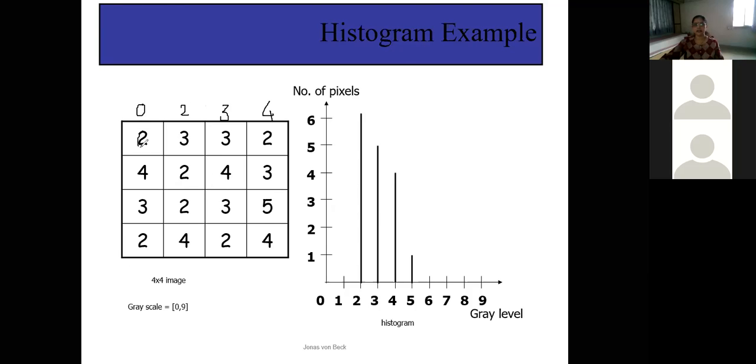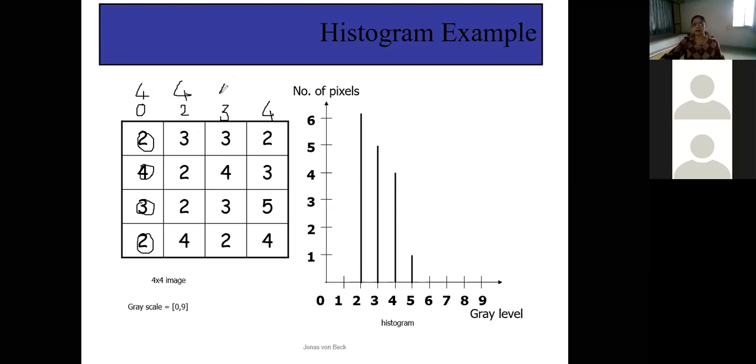If all these are 0, there will be 4 pixels belonging to level 0. If all pixels from the second column are 2, there will be 4 pixels belonging to value 2.